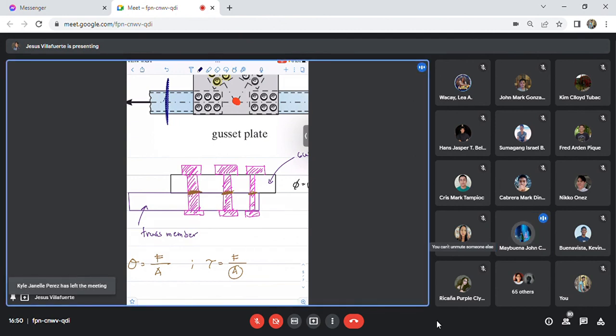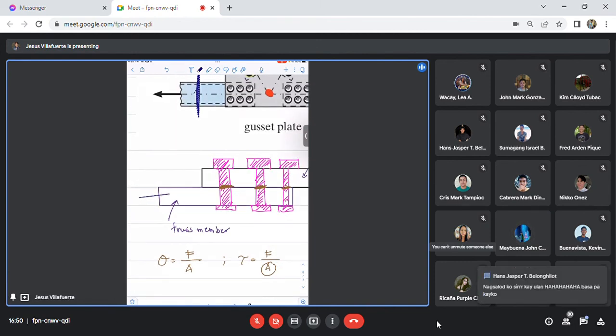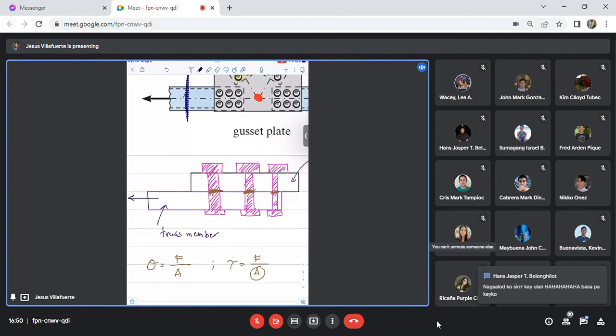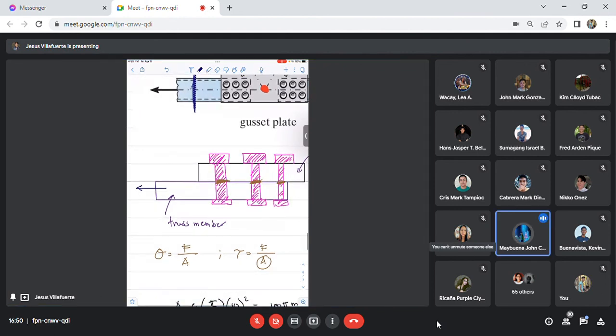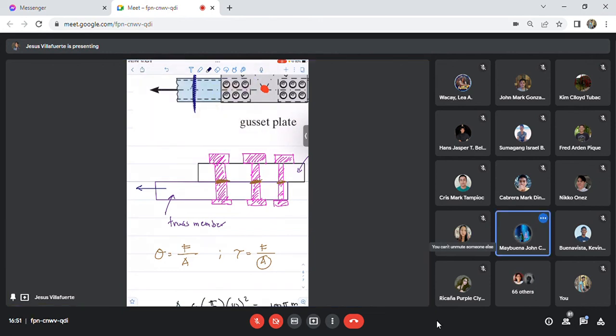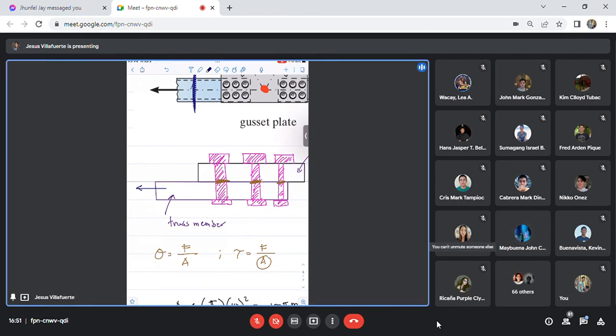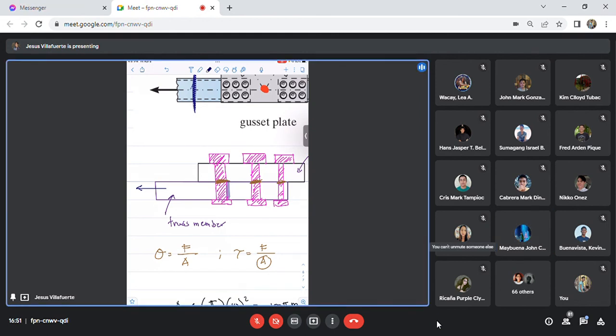So the force is going this way. So where is your bearing area below? Your force is going to the left. Where is your bearing stress? On the right side, sir. This one? Yes sir. Correct. Very good. So that is the area.